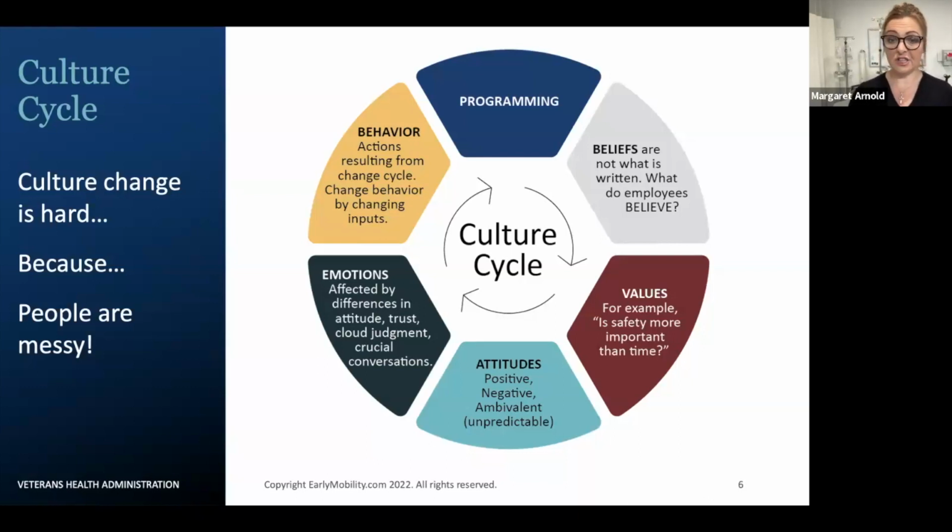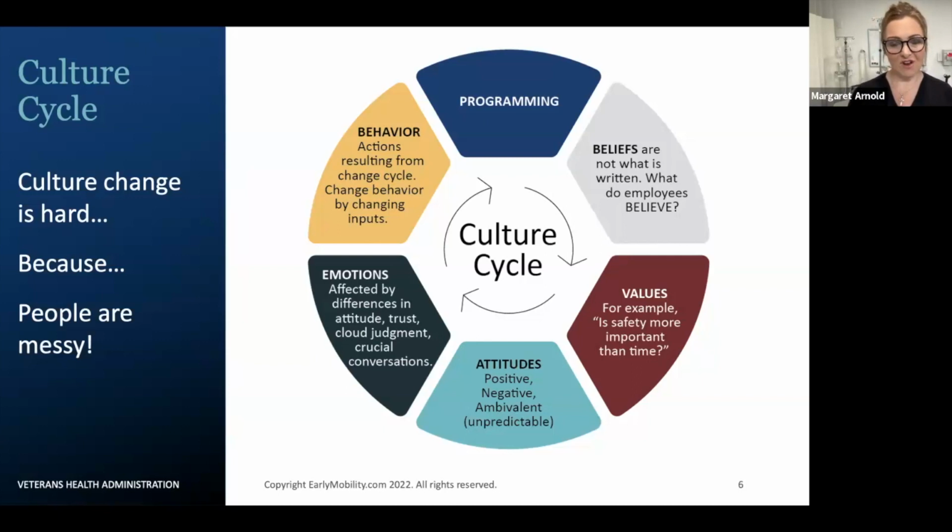Attitudes. Attitudes can be positive or negative or ambivalent, which is really an unpredictable attitude. We know when somebody has a positive attitude, we can spot it, we can feel it when somebody comes into a room, right? The same with a negative attitude. We know it, we can feel it, it's palpable.